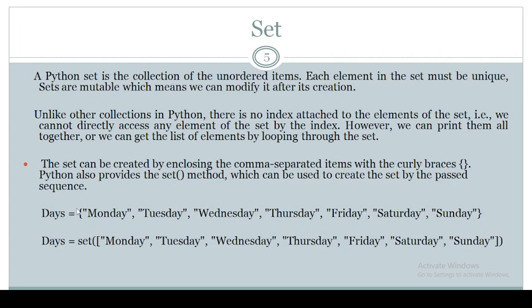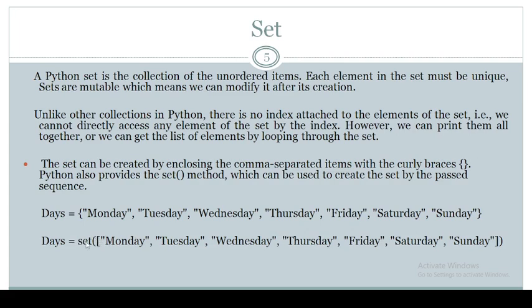So here I am giving two examples. Look at the first example, days. I have stored the days Monday, Tuesday, Wednesday, Thursday, Friday, Saturday, and Sunday within curly brackets, and these brackets imply that this is a set. And look at example 2. We can also declare a set like this using the function set. Since it is a function, we have to put parentheses, and within the parentheses you can see there is a list.